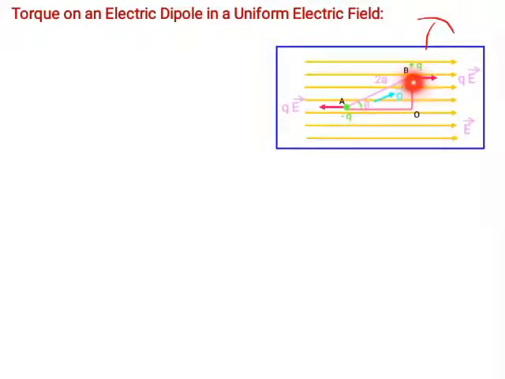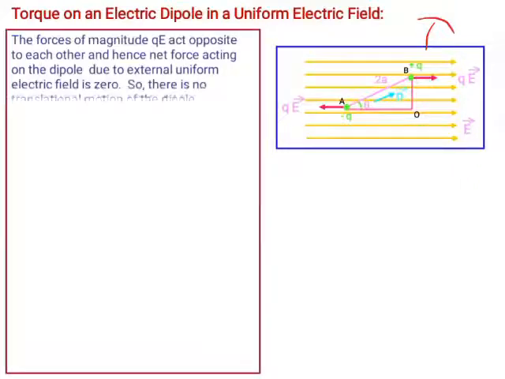Carefully see that the direction of this force and the electric field are the same. Now the forces of magnitude qE act opposite to each other, and hence the net force acting on the dipole due to the external uniform electric field is 0. So there is no translational motion of the dipole.